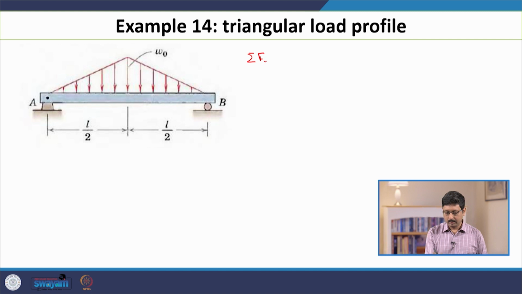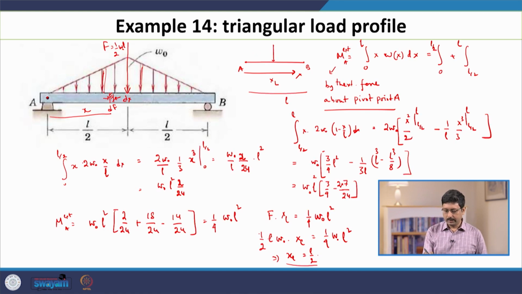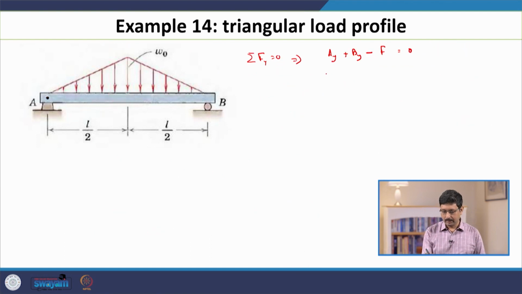From the first equation we got that A y plus B y minus F is 0, and from the second equation, the torque balance equation, we get F times X L minus B y times L is equal to 0.